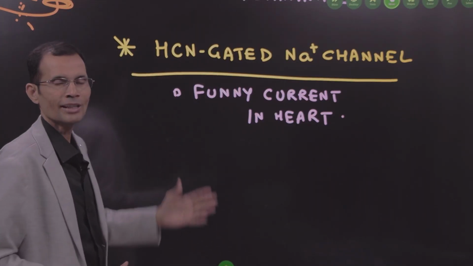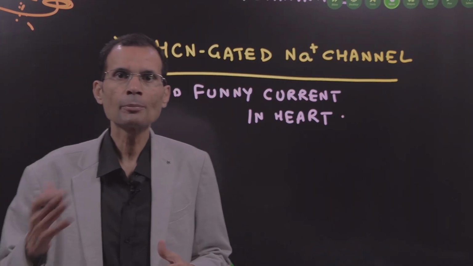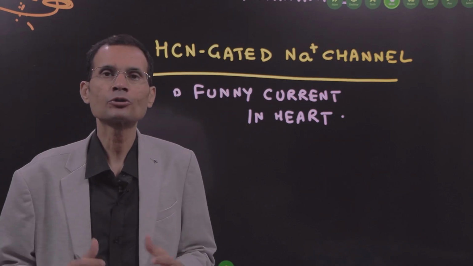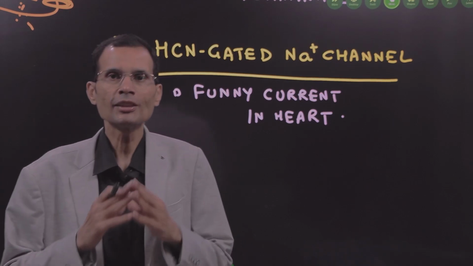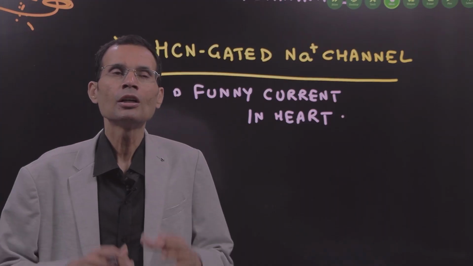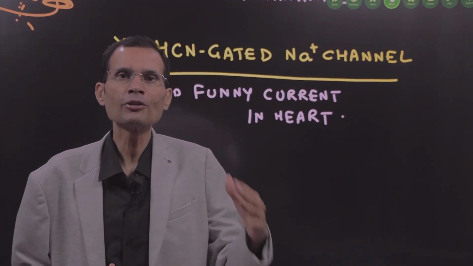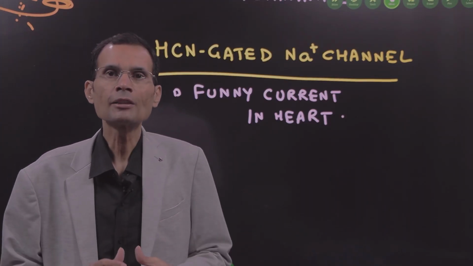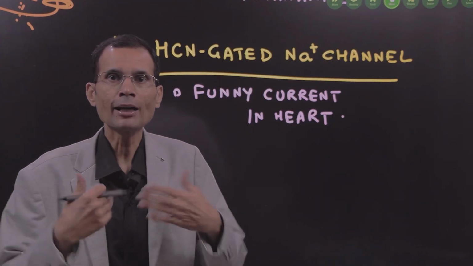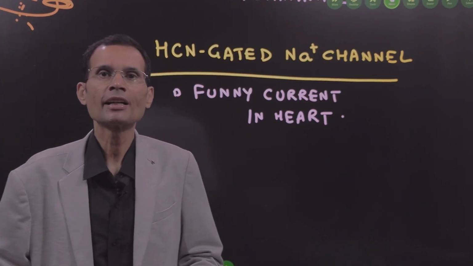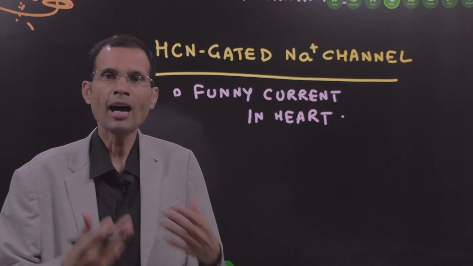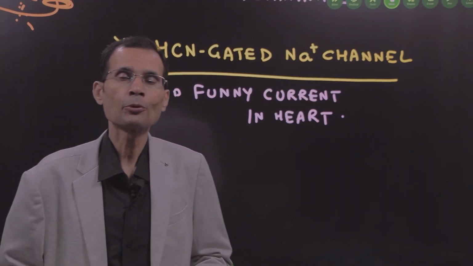This channel is also called the funny channel, and there is sodium influx through this channel. This current is called the funny current. So this was the MCQ. It was a little difficult from the first prof point of view, but it will add value to your understanding of channel proteins and how various channel proteins behave.